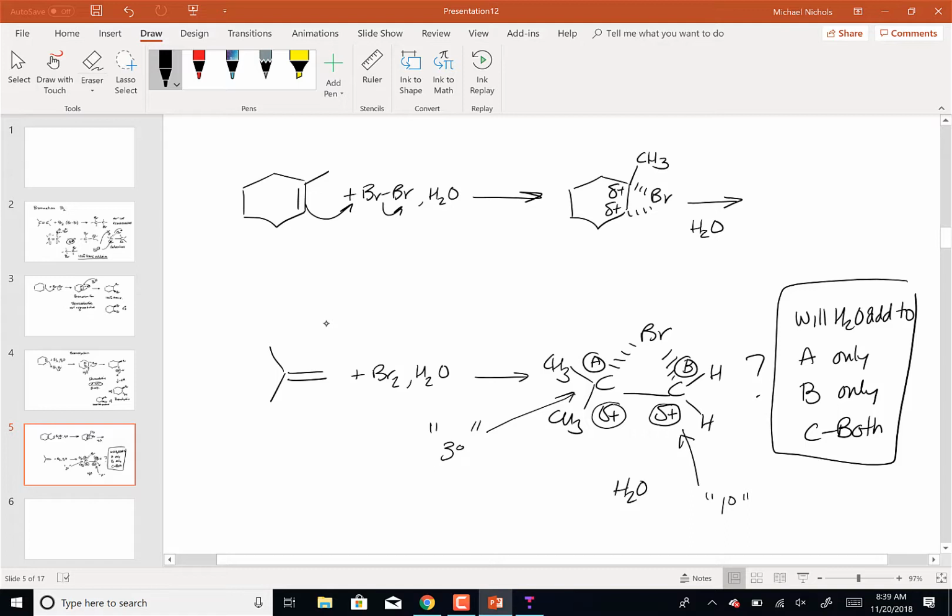So you're bound, though, to donate your electron richness to the most electron poor of A and B, because you're a neutral nucleophile. And so which one are you going to donate the electron density to? Which of those two carbons is the most electron poor?